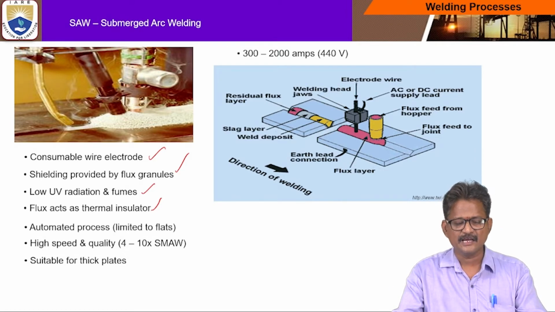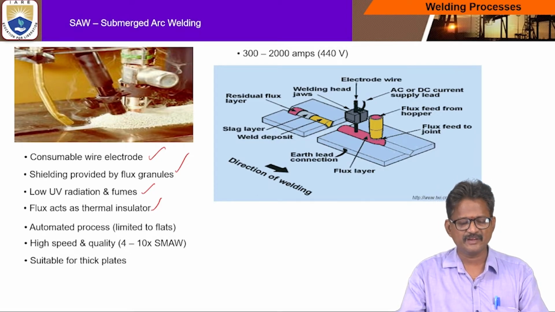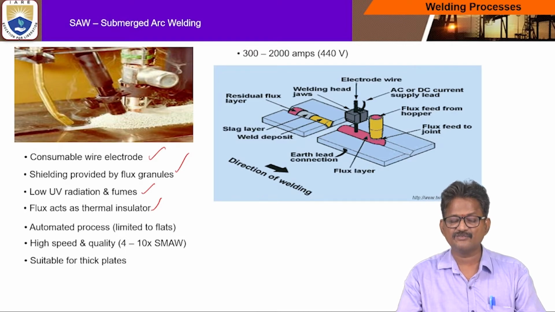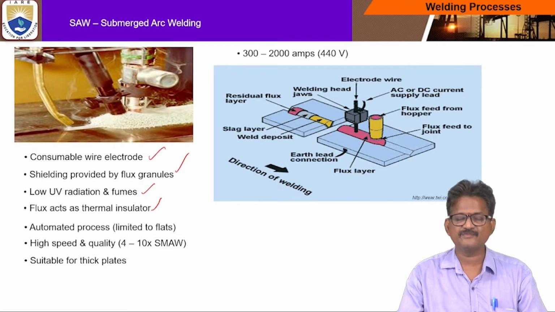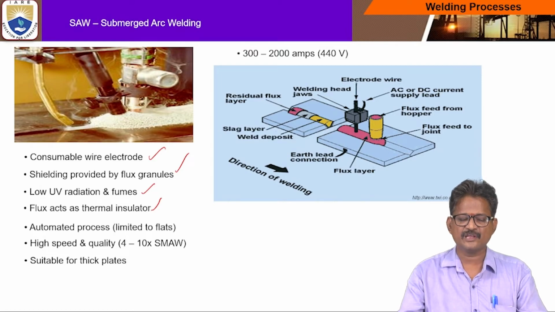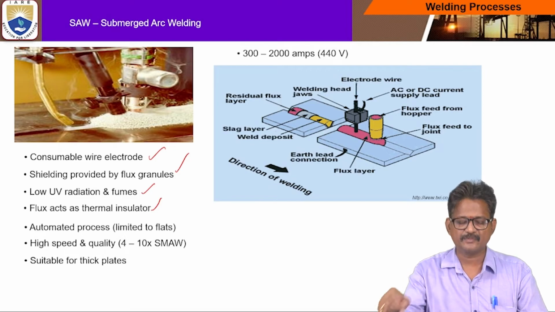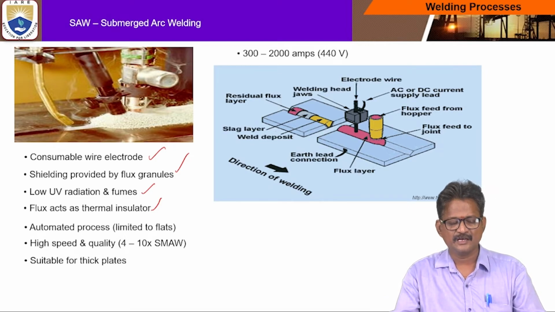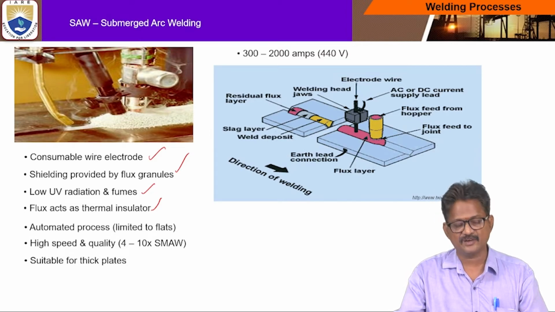Compared to the previous welding processes, it is automatically very high speed, and the quality is also maximum. No chipping is needed, and a smooth layer is produced. After cooling, the slag can easily be removed by a brush itself. These are the important points about submerged arc welding.